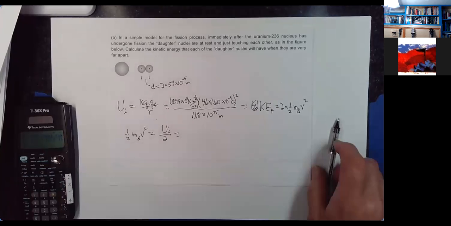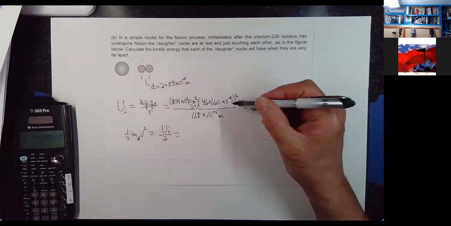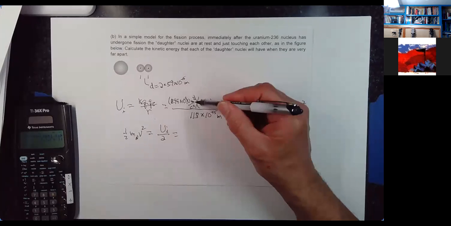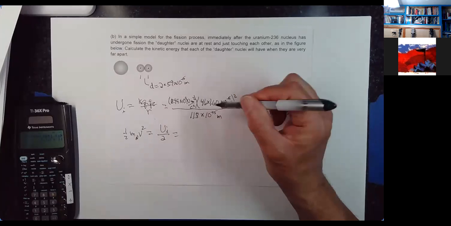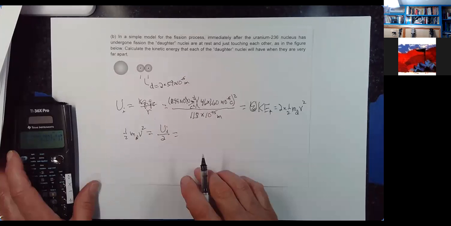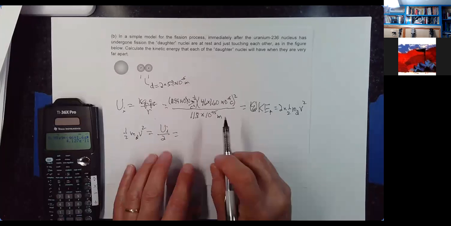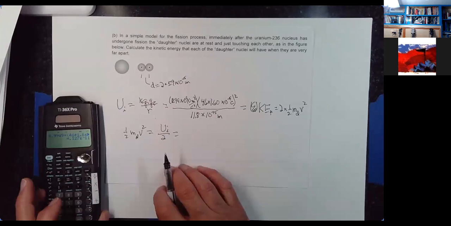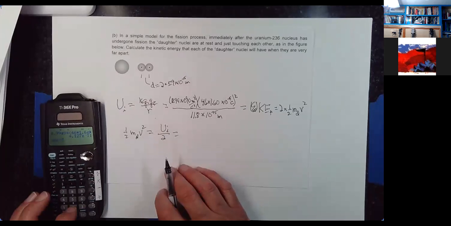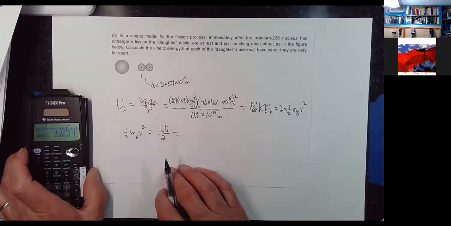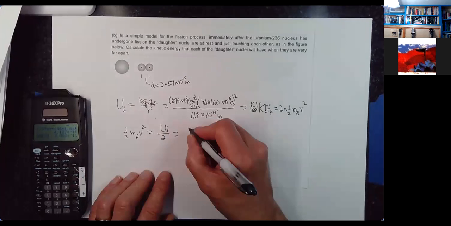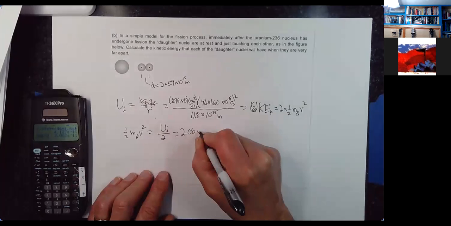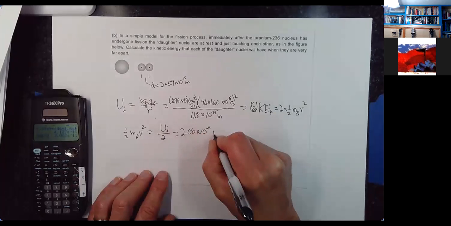Okay, unit-wise, is this going to work? Coulomb squared, those go away. Newton meter squared over meters is just going to be Newton meters, which is a joule. So we will end up with that. And so far, I've only done this. I haven't divided by 2. So divide that by 2. And I would get an energy of 2.06 times 10 to the minus 11th joules.